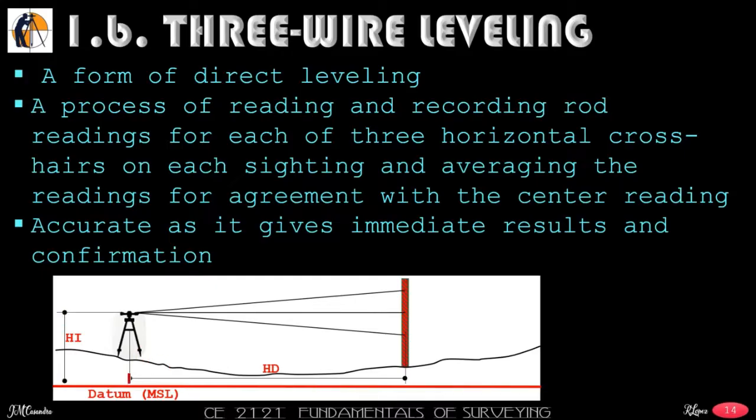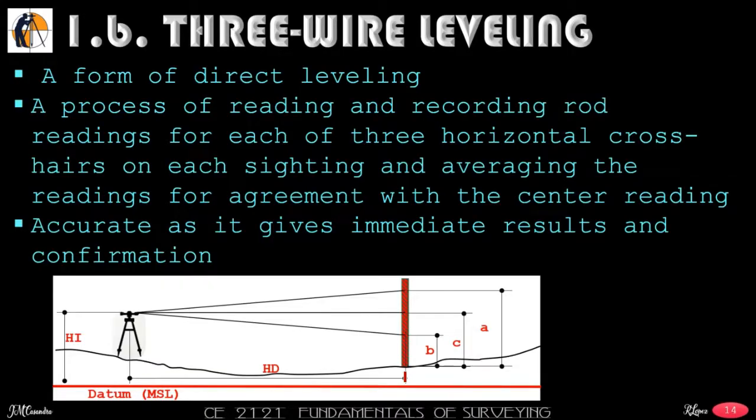HD is your horizontal distance between the telescope and the point you are taking or reading. The upper reading is our A, lower reading is B, C is our center reading, and it should be equal to the average of your crosshair readings.